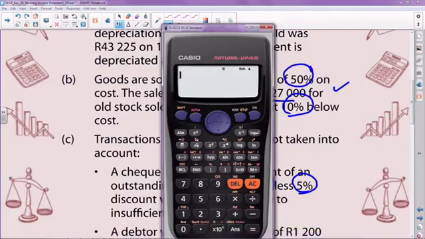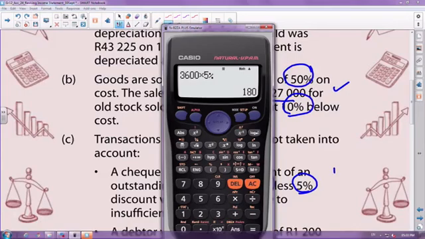So, you've got your 3,600 times the 5%, and that amounts to 180. Now what about the 180? What are we going to do with the 180? The 180 would be the discount that we had allowed to a debtor. Why am I saying that?